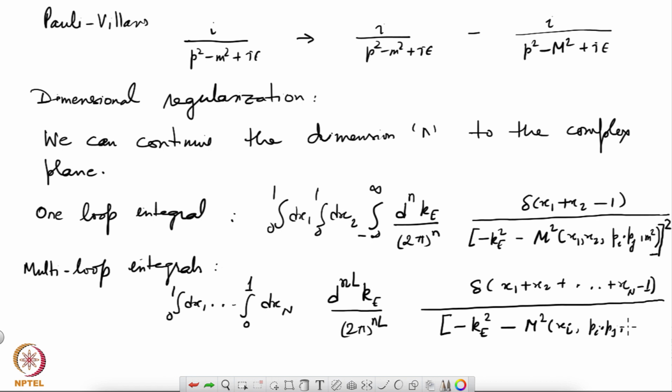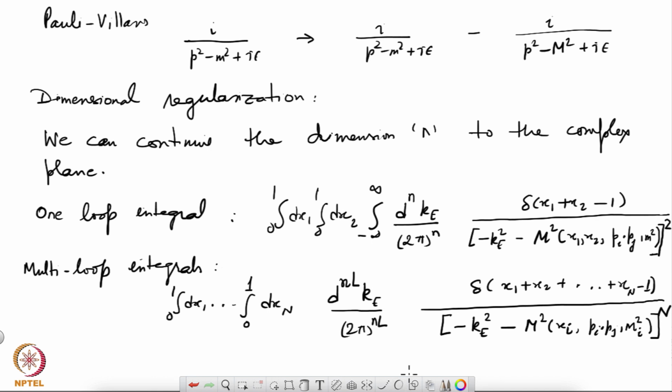Of course, for the theory which we are looking at, there is only one mass, so you don't have a subscript i here, but in general you will have that. N is the number of Feynman propagators. The pi's are the external momenta, the mi's are the masses, L is the number of loops, n is the number of dimensions, where we need results for n equal to 4. So that's the structure.